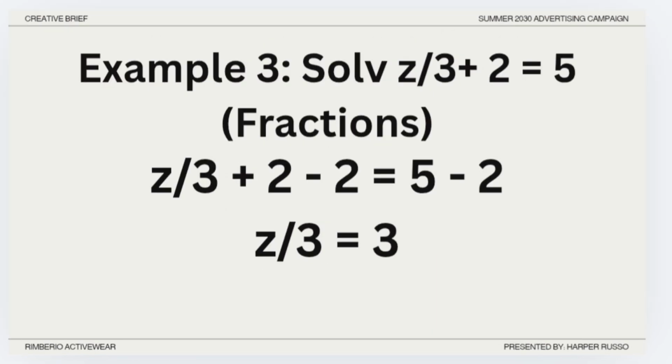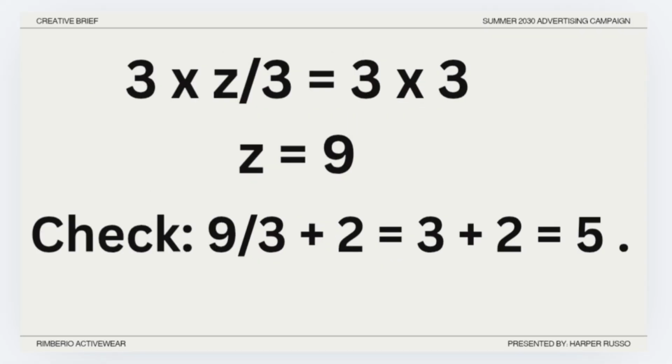Correct. Example 3. Solve z over 3 + 2 = 5. Fractions. Step 1. Subtract 2 from both sides. z over 3 + 2 - 2 = 5 - 2. z over 3 = 3. Step 2.